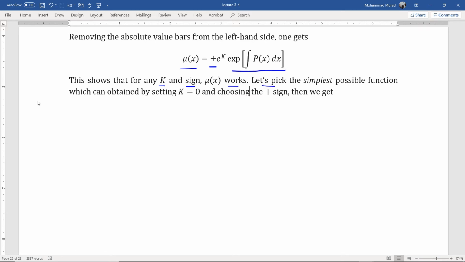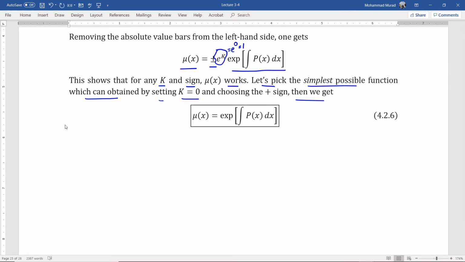Let's pick the simplest possible function, which can be obtained by setting k equals 0. In doing that, the term e to the k would simply become e to the 0, or simply 1. And choosing the positive sign on the right-hand side of the previous equation, we get the equation shown in the box.